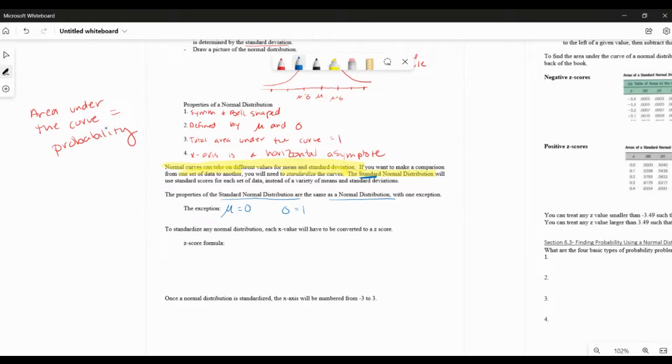So we're going to take x values and we're going to standardize them into something called a z-value or a z-score. So a z-value will take an x, we'll subtract the mean, and then we'll divide by the standard deviation. Okay, and this is what we call a standard score.